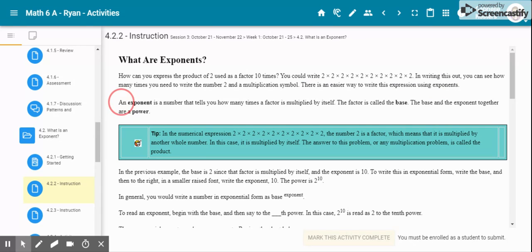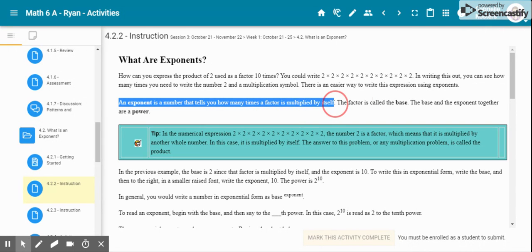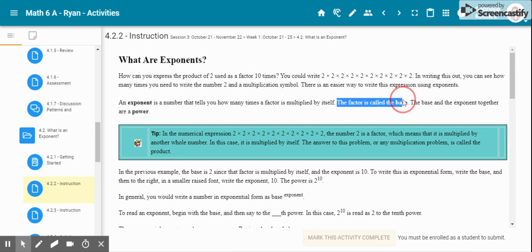Okay, here is something that you'll want to put in your notes. A definition: an exponent is a number that tells you how many times a factor is multiplied by itself. So take a minute and pause and write that piece down. Okay, the factor is called the base. That's another piece you're going to want to fill in your notes.